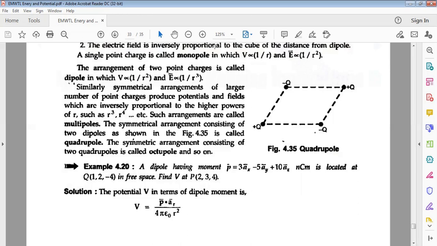The symmetrical arrangement consisting of two dipoles, plus Q and minus Q and minus Q and plus Q, is called a quadrupole.